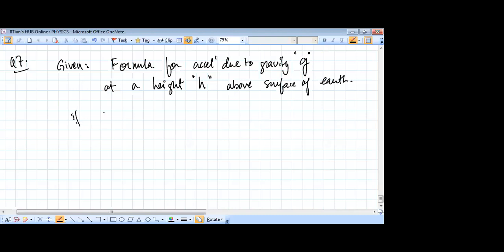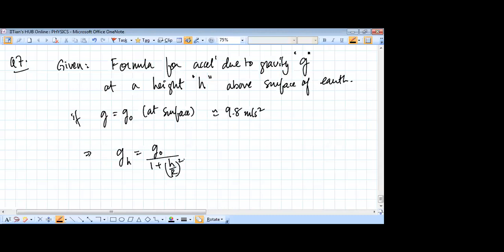So if g is equal to g naught at the surface, which we know is around 9.8 meters per second square, then g at a height h is given to us as g naught upon (1 plus h by r) whole square, right?